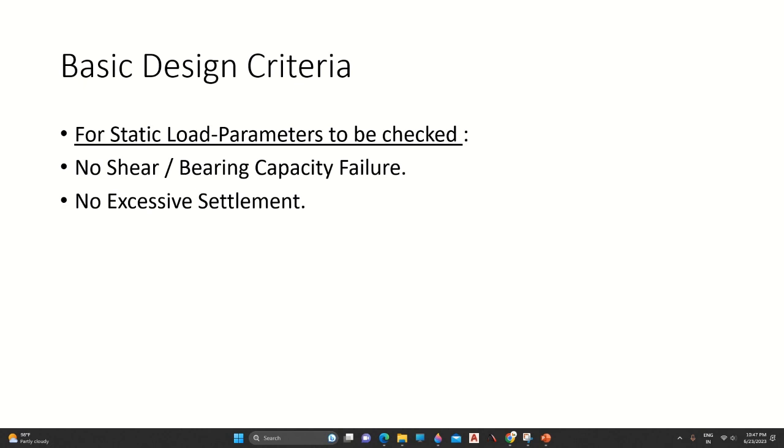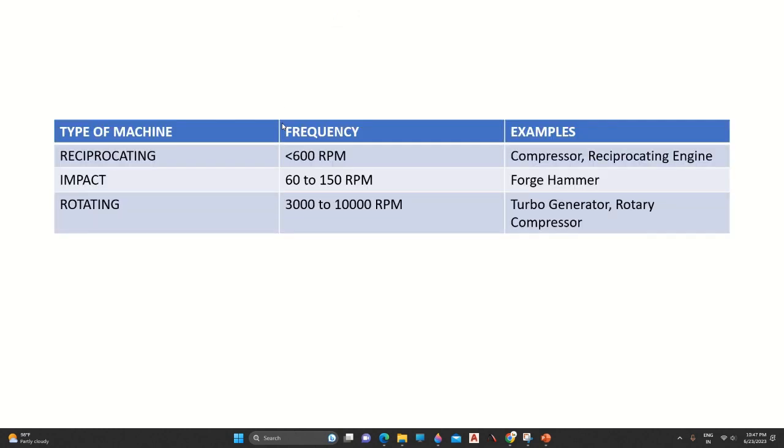Now, for the static load parameters, sometimes the machine loadings are static, especially for machines which don't have much RPM, like reciprocating machines and impact machines also. Impact machines won't have that much frequency, because they have the thrust, they have the impact, but the RPM of the machine is not much.